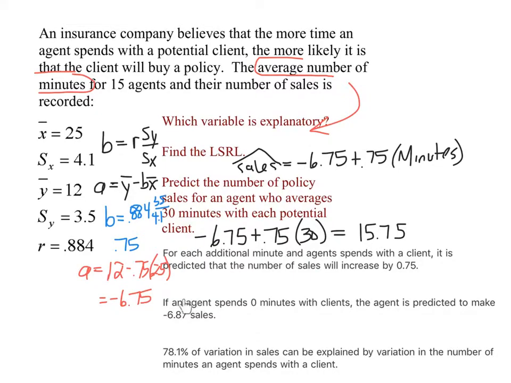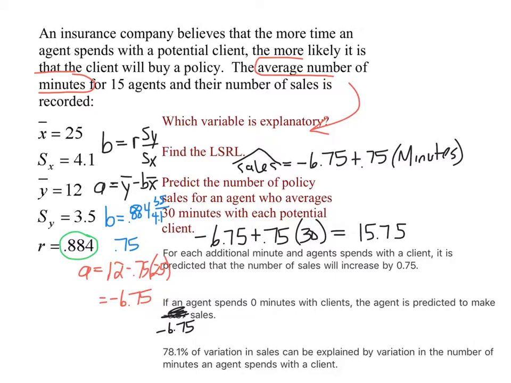For y-intercept, if an agent spends 0 minutes with a client, the agent is predicted to make, and I can change this because I took it off the calculator where I had not rounded. And finally, if you calculate r squared, if you just square this number, you get 0.781. So 78.1% of the variation in sales can be explained by the variation in the number of minutes.